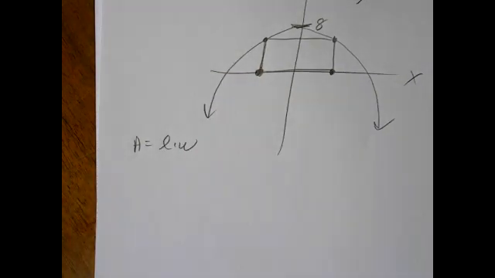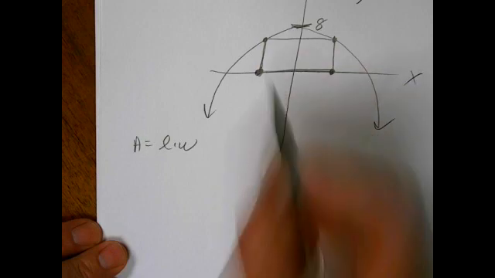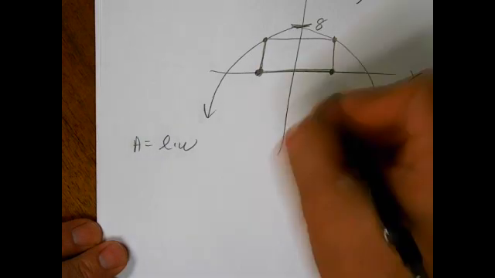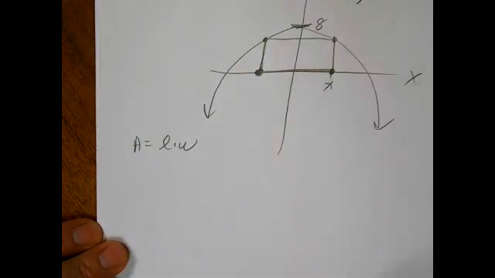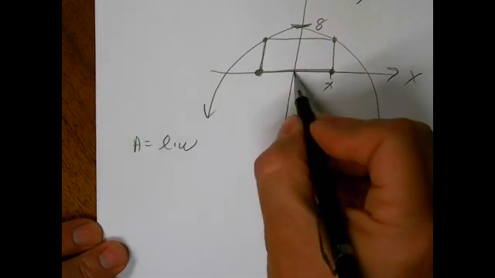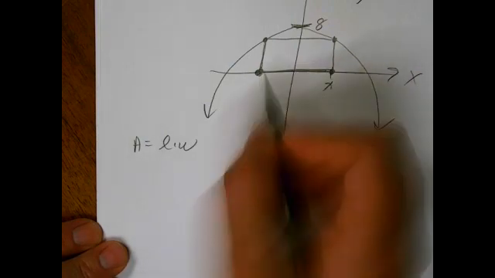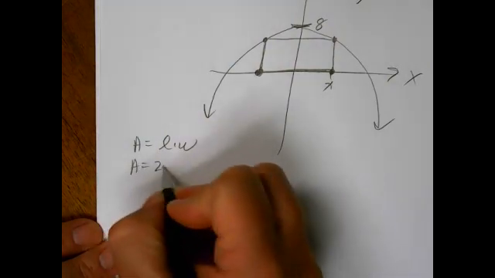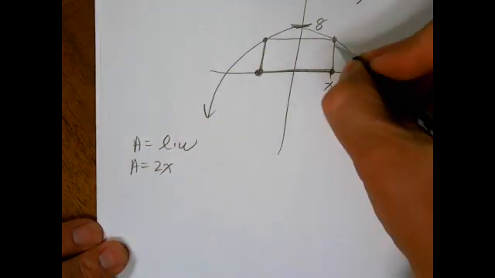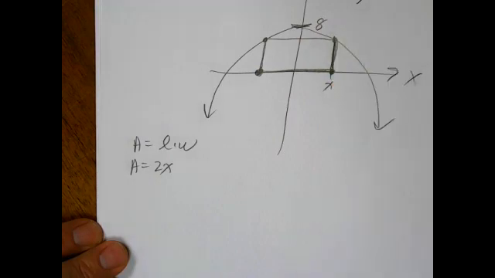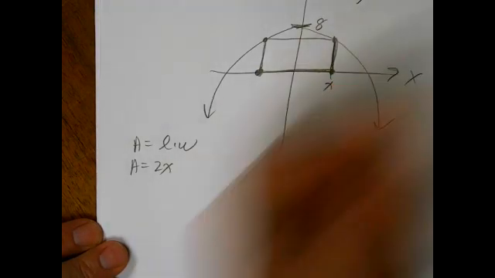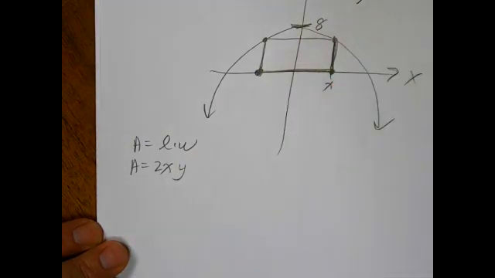All right, now looking at this drawing, first of all, what's the length of this rectangle going to be? Well, if this is an arbitrary x value on this x-axis, then the length of the rectangle is 2x. And the width is here. The width is the y value.